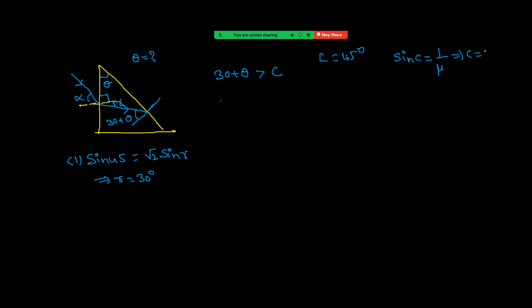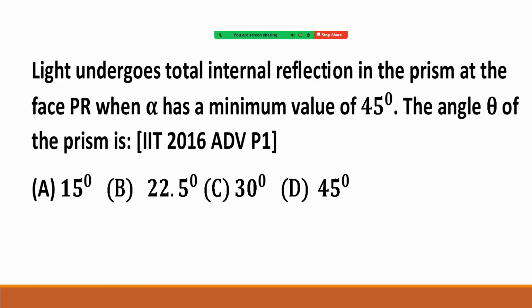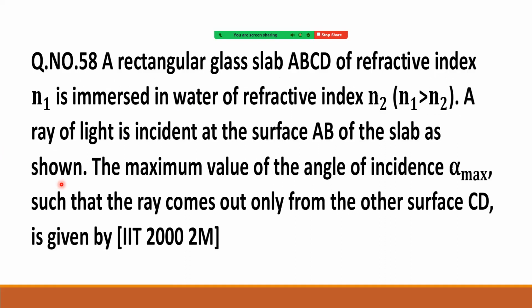That implies C value 45. Therefore, theta greater than 45 minus 30, 15. That means theta value is a minimum 15. So we have to find the angle of the prism. So answer is now option A, 15. Let us see next one.